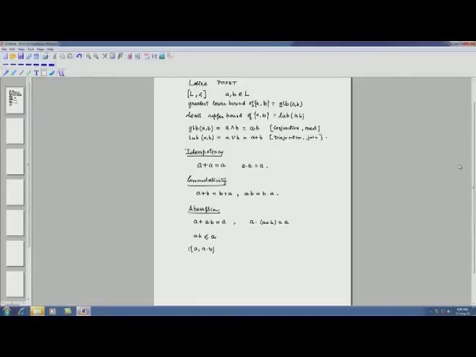So, if we consider the least upper bound LUB, this is nothing but A plus A dot B, this of course will give me A.